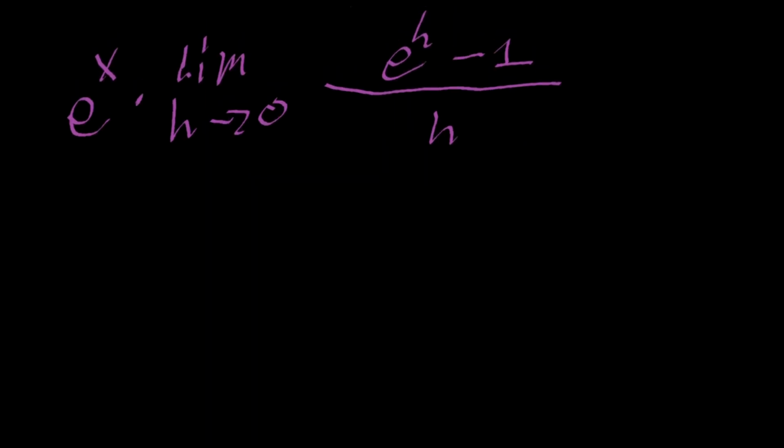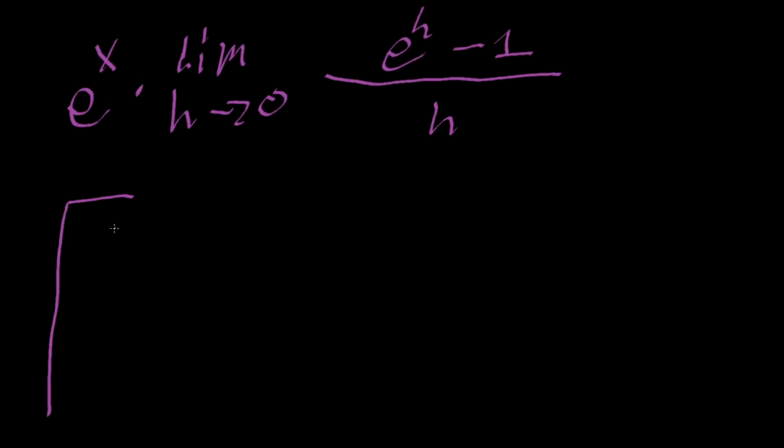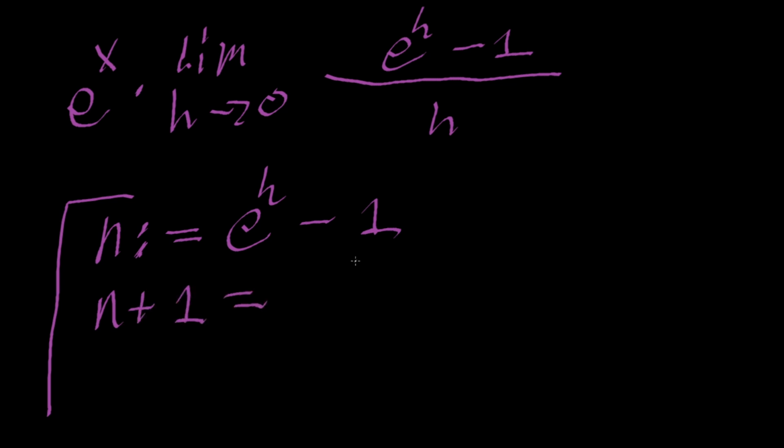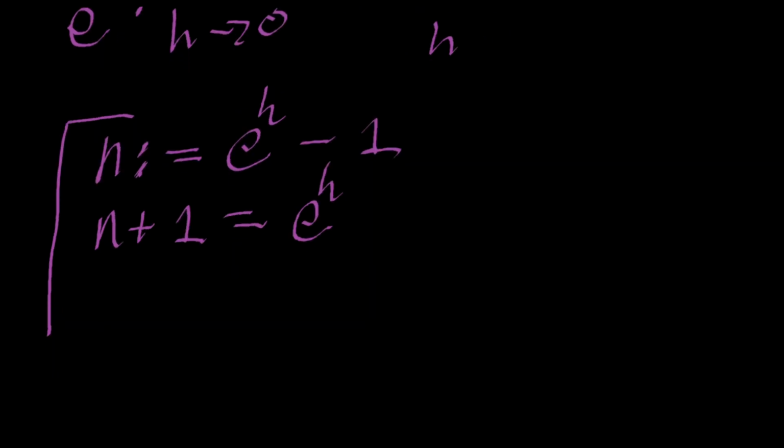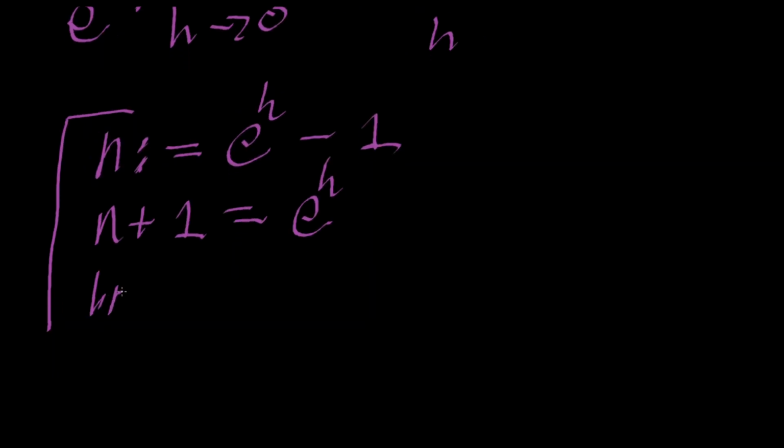So I'll define n to be equal to e to the power of h minus 1. Then n plus 1 will be equal to e to the power of h. Then ln of n plus 1 will be equal to ln of e to the power of h.